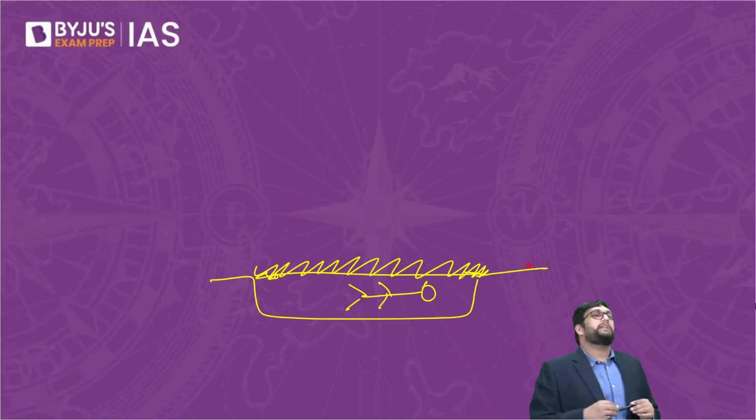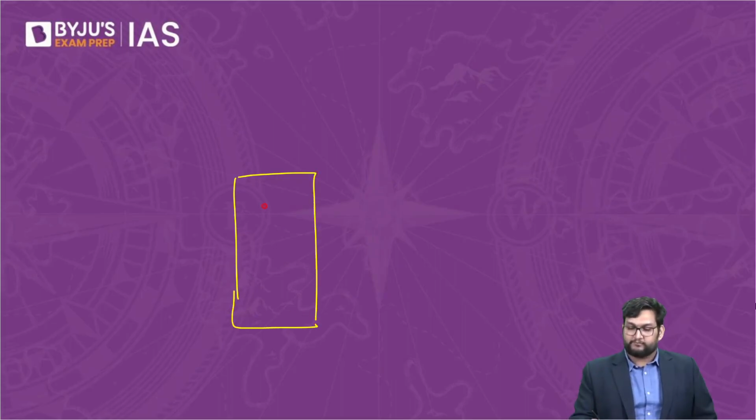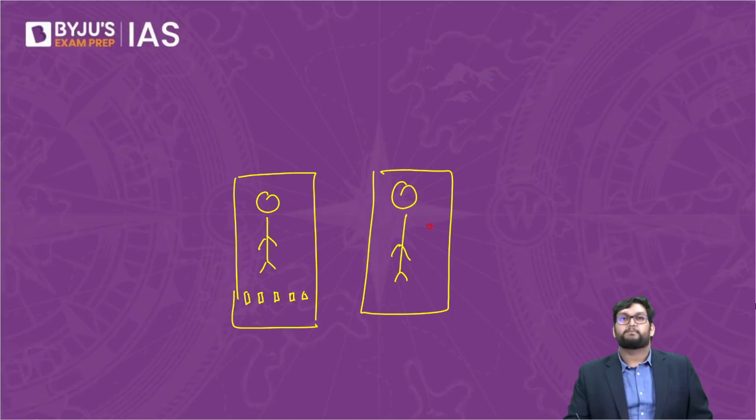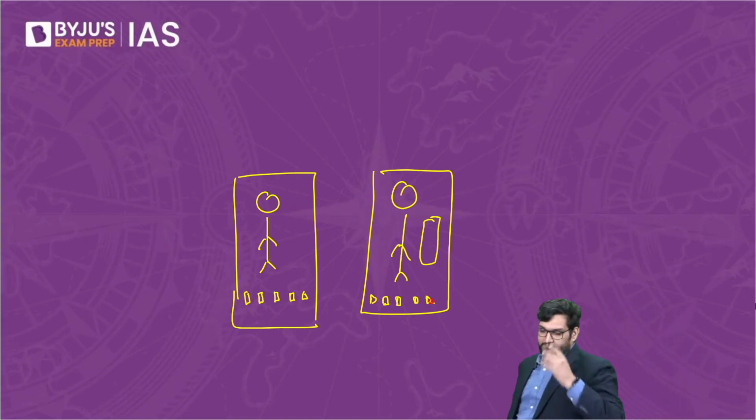But what we see is that over a period of time, when we used to see the grave, there used to be the person, and then his tools were also kept here. And we also have seen, for example, a burial site where the man is there. He had a dog. So the dog is also here. And his tools are here. Now, this is called burial rituals. These are called burial rituals.